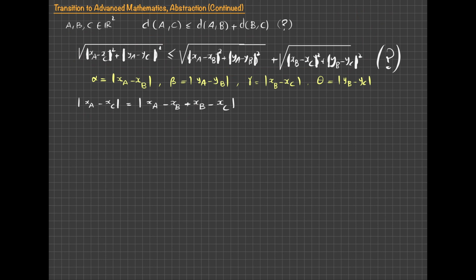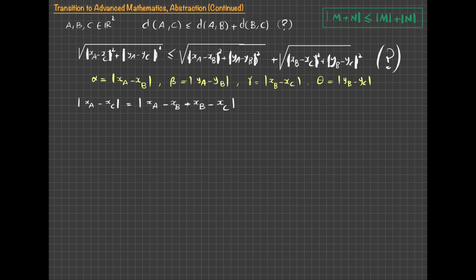But if you remember from the previous lecture, if I have the absolute value of a number m plus n, this is less than or equal to the absolute value of the first one plus the absolute value of the second one. This is one of the most important inequalities in mathematics. I really recommend you remember that.